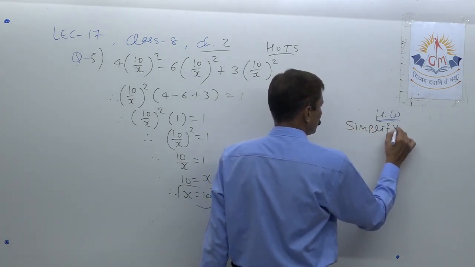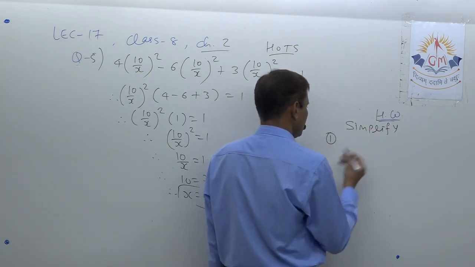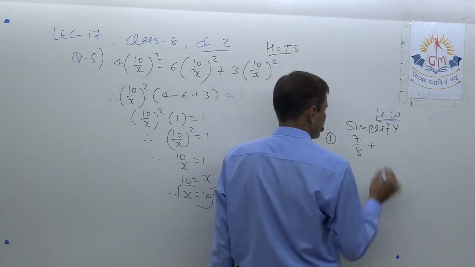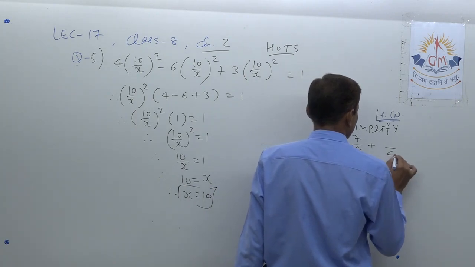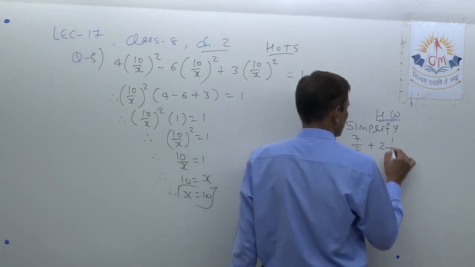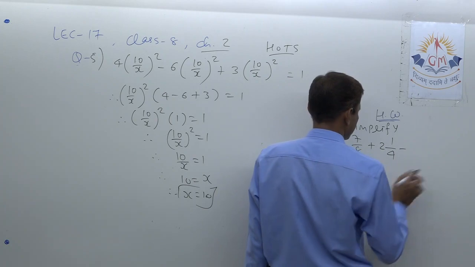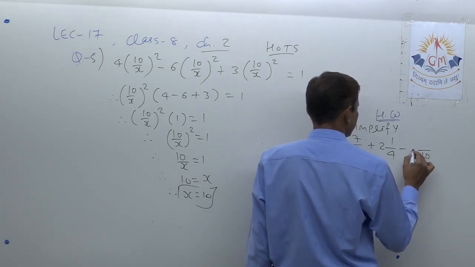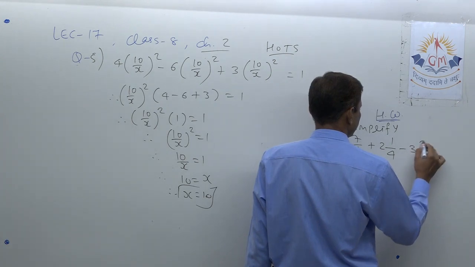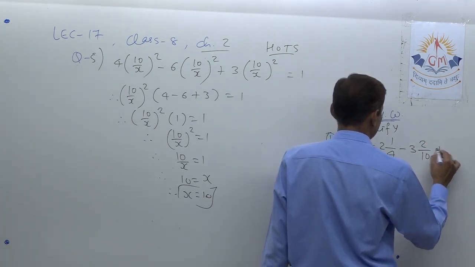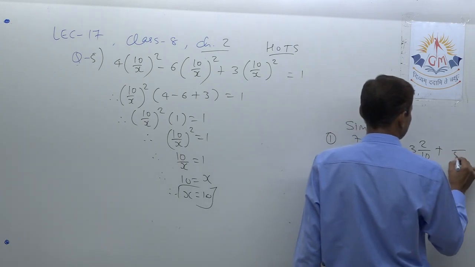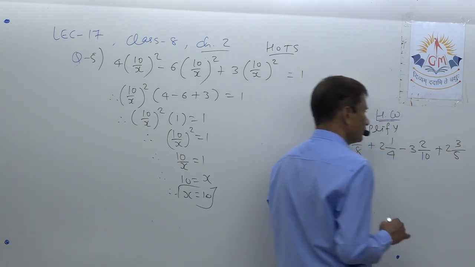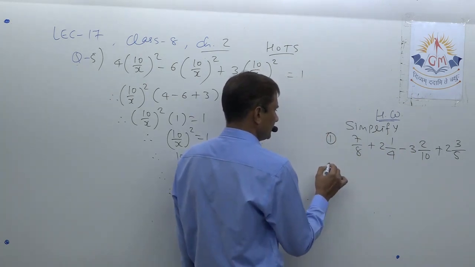Simplify, first of all, starting from the first lesson only. 7 by 8 plus 4 integer 2 by 1 minus. Okay, this is the first.